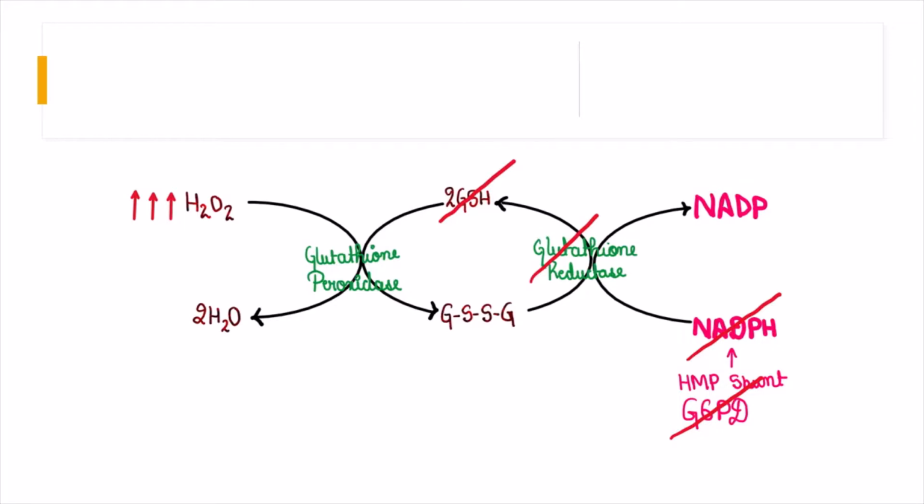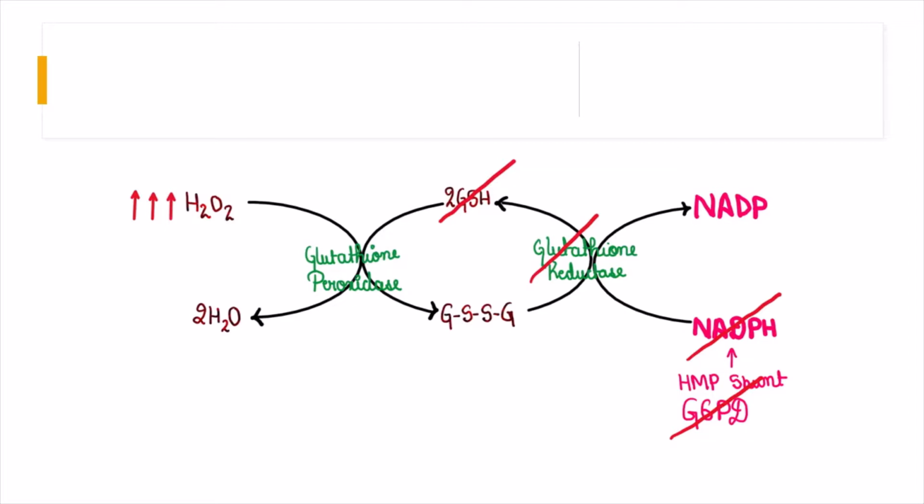In them, the glutathione will not be converted to the reduced state. As a result, there will be a scarcity of reduced glutathione and hydrogen peroxide concentration will keep on increasing in the RBC, ultimately resulting in the denaturation of the lipid membrane and hemolysis. That is what precipitates the acute hemolysis in such patients.